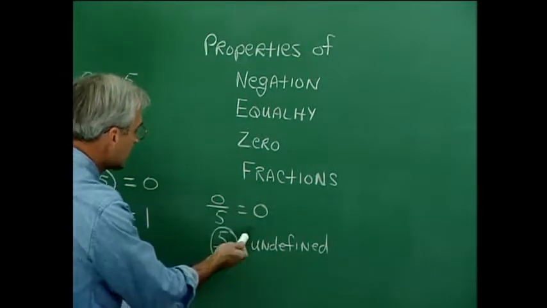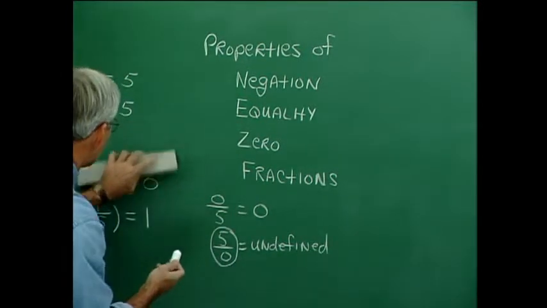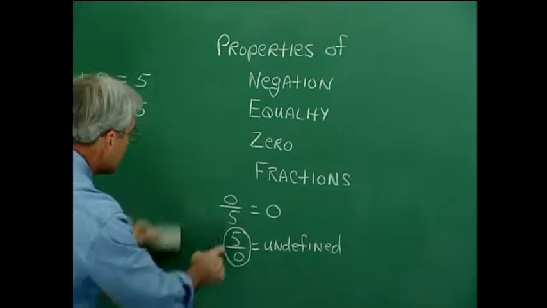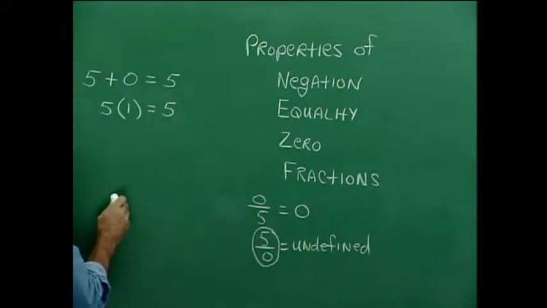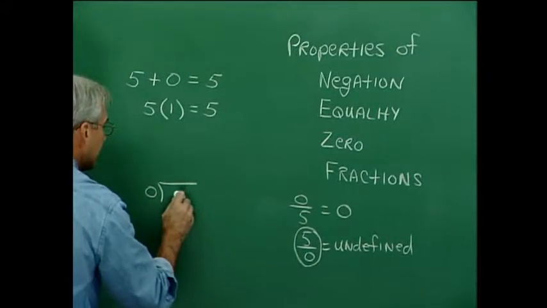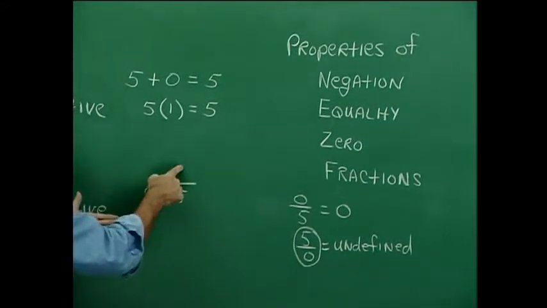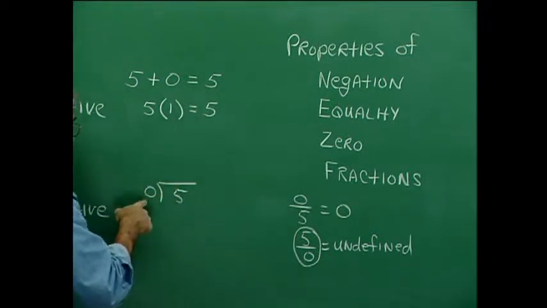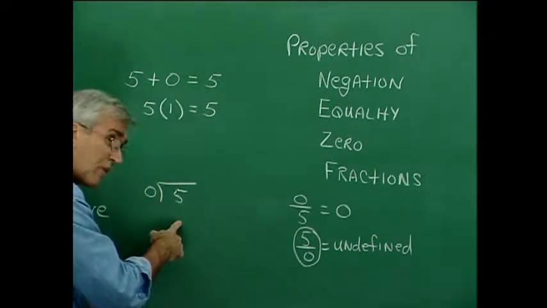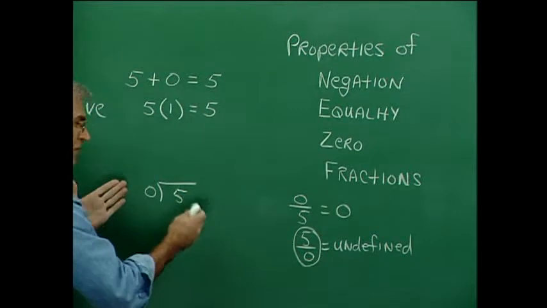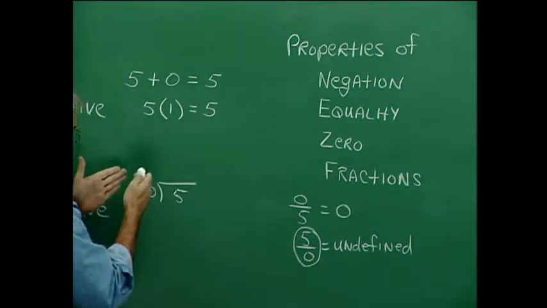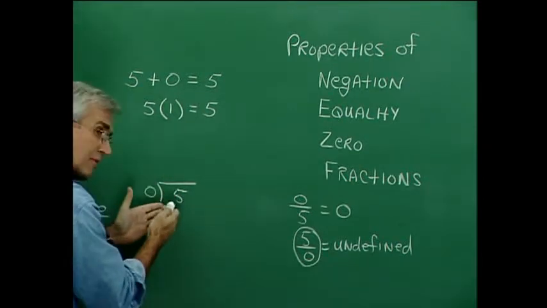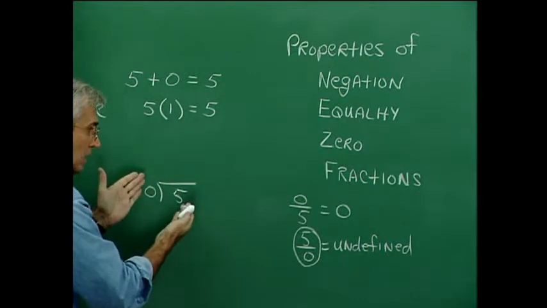If we turn this into a little division problem, 5 divided by 0, then it's 0 into 5. This is a request for some number which, when multiplied times 0, gives 5. Is there any number that multiplies times 0 to give 5? No. Therefore, this is undefined. There is no real number that can be multiplied times 0 to give 5. So that's why this has to be undefined.